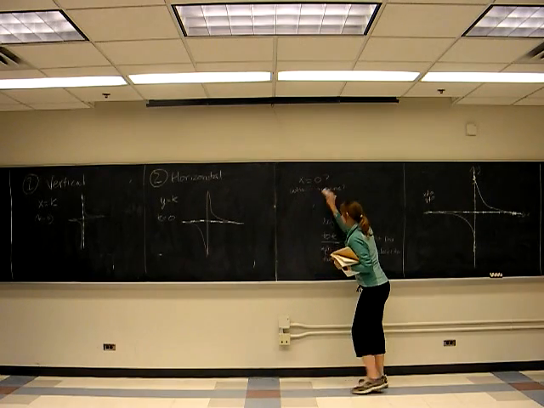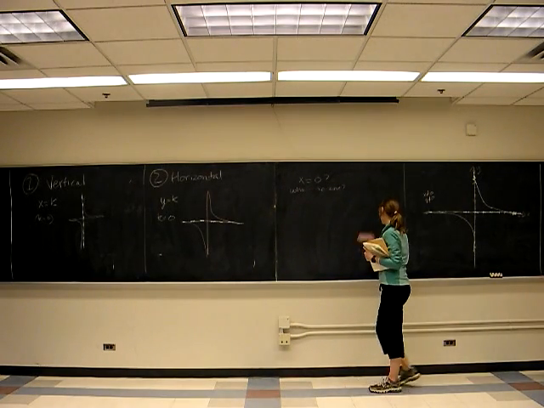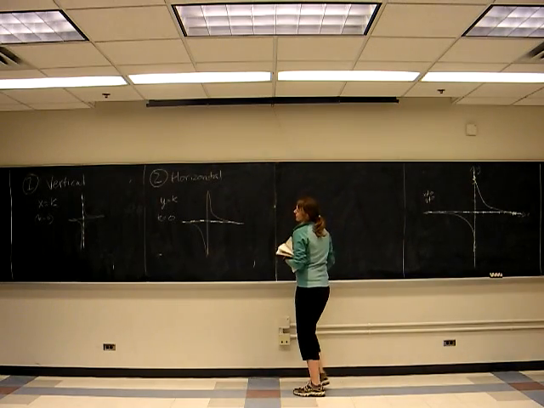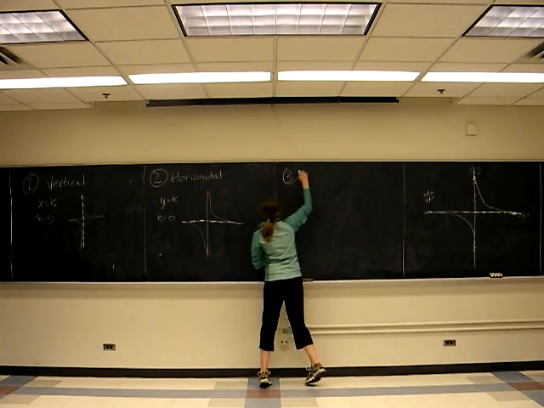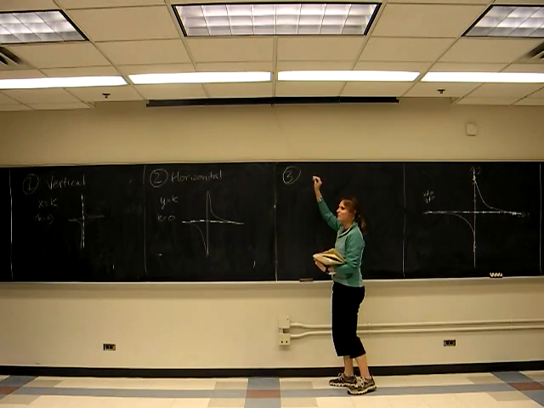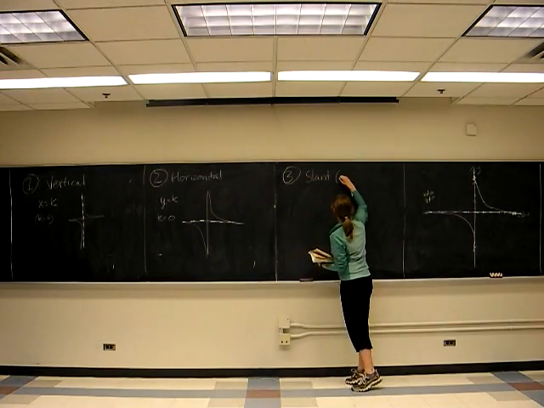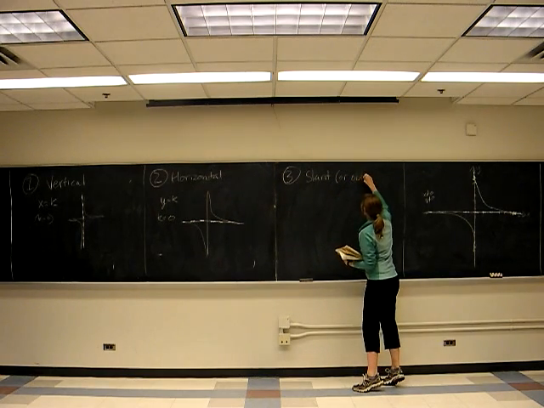Last but not least, we have a third type of asymptote. Now, I bet some of you have already guessed this. What happens when it's not vertical and it's not horizontal? It's a slant asymptote, or oblique, if you want to sound fancy.